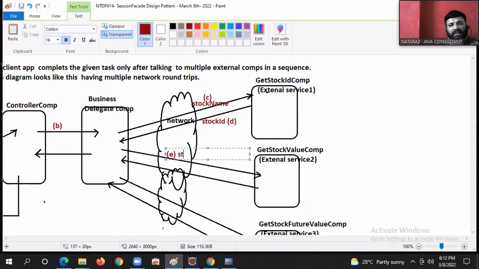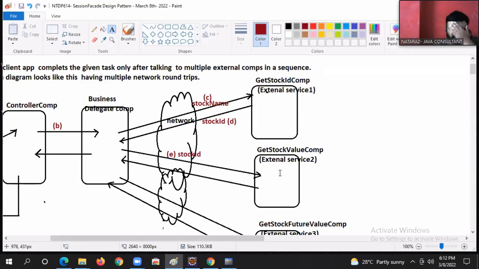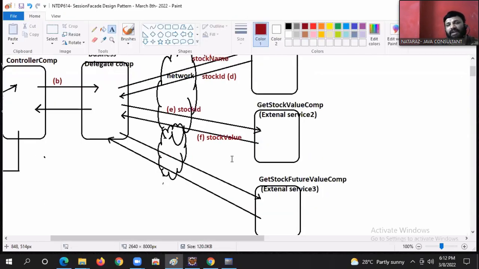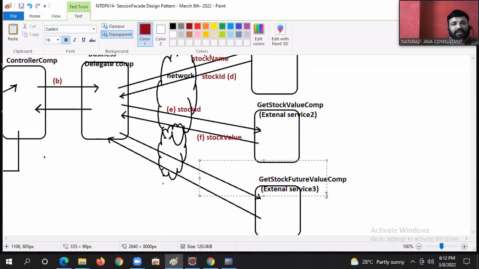E. Again, stock ID is the input value. Next, F. Stock value is the output value.